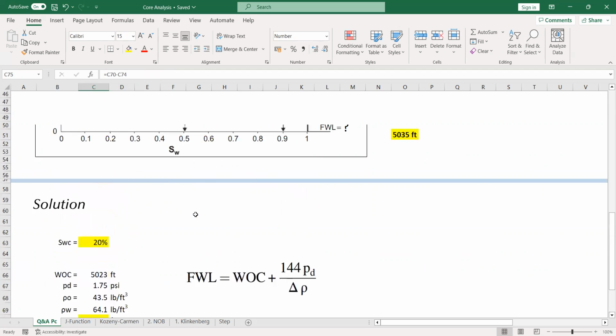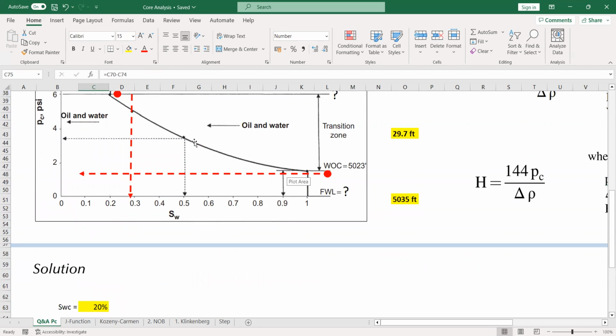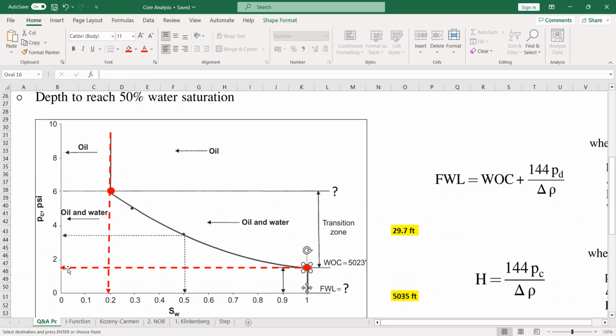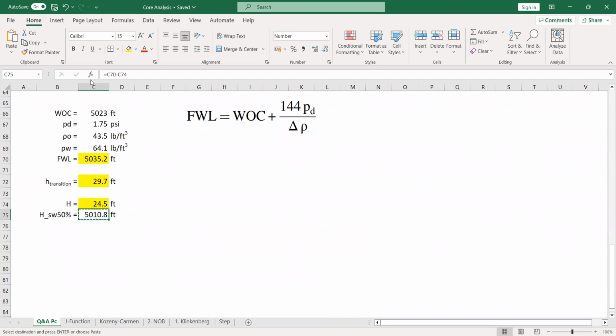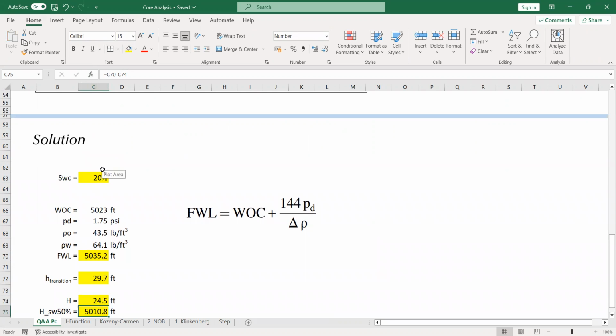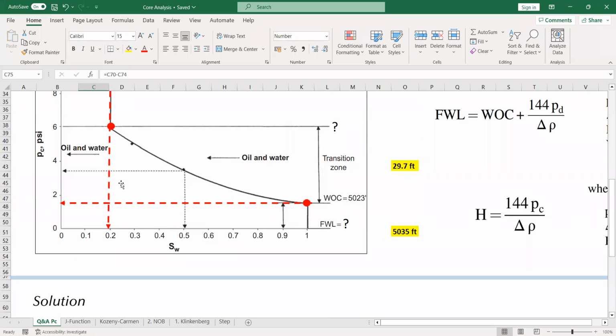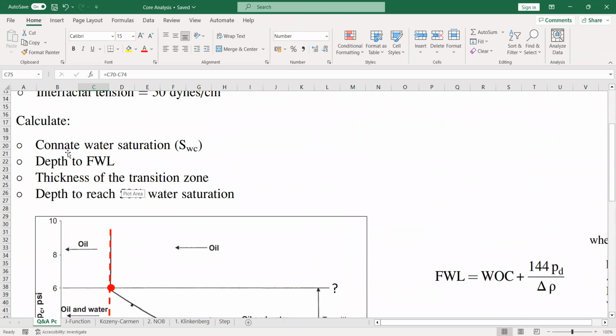So this is actually the depth here. The location of the water saturation of 50% here, the depth is at 5,010.8. All right, so that's the solution.